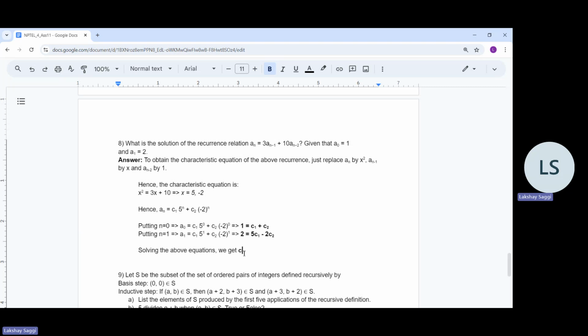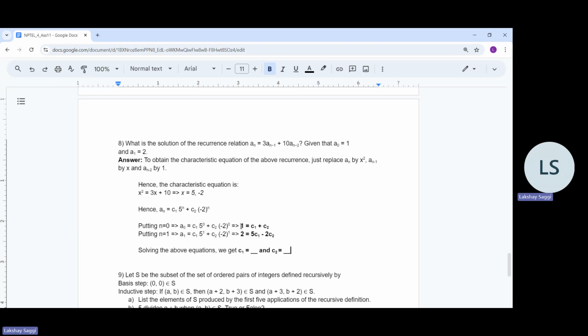And what will be the values? Maybe we can calculate it orally. C1 equals something and C2 equals something. So let's just see. 1 equals C1 plus C2 and 2 equals 5C1 minus 2C2.